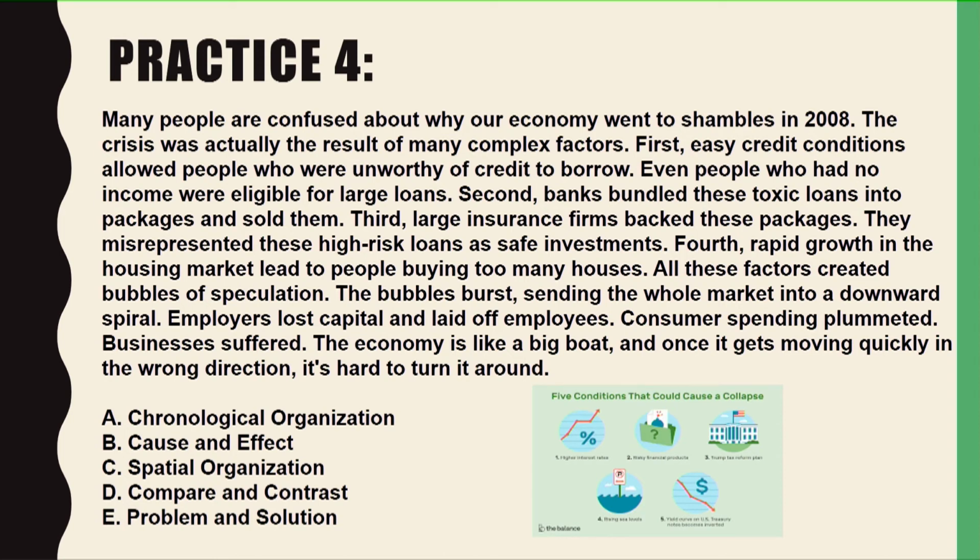The economy is like a big boat, and once it gets moving quickly in the wrong direction, it's hard to turn around. Now, I know that was a longer passage, so I want you to glance at that for a moment and think to yourself, is this put in A, chronological organization, B, cause and effect, C, spatial organization, D, compare and contrast, or E, problem and solution?